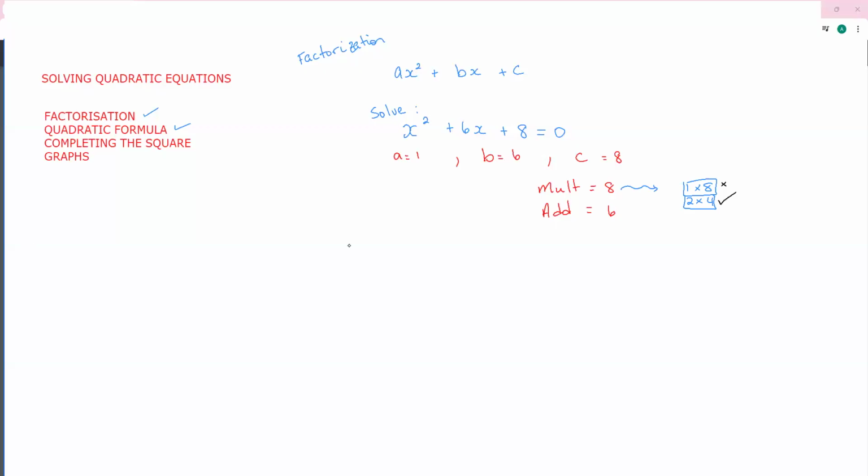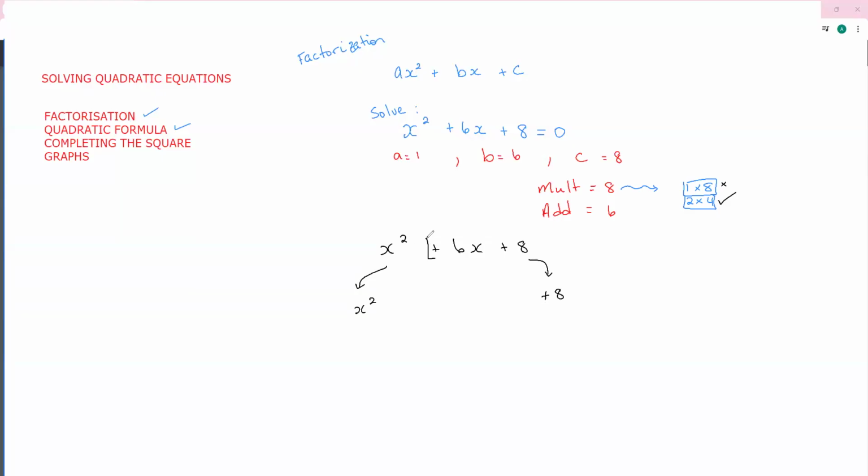So in your quadratic, when you're factorizing, my first term stays the same. My last term stays the same, sign and everything.